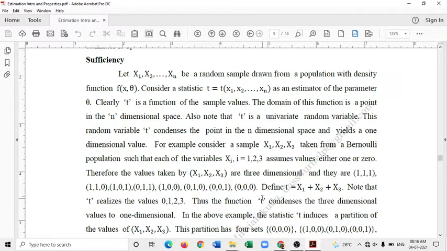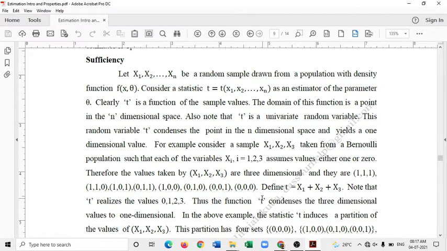This can be illustrated with the help of a sample x1, x2, x3 taken from a Bernoulli population. Here x1, x2, x3 represent the response of three informants over possessing a characteristic. If they possess the characteristic, we will record 1, otherwise we will record 0.